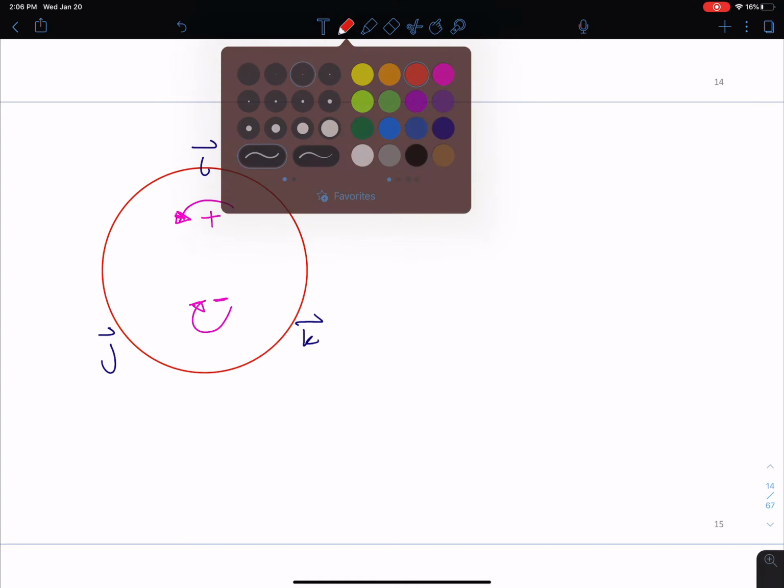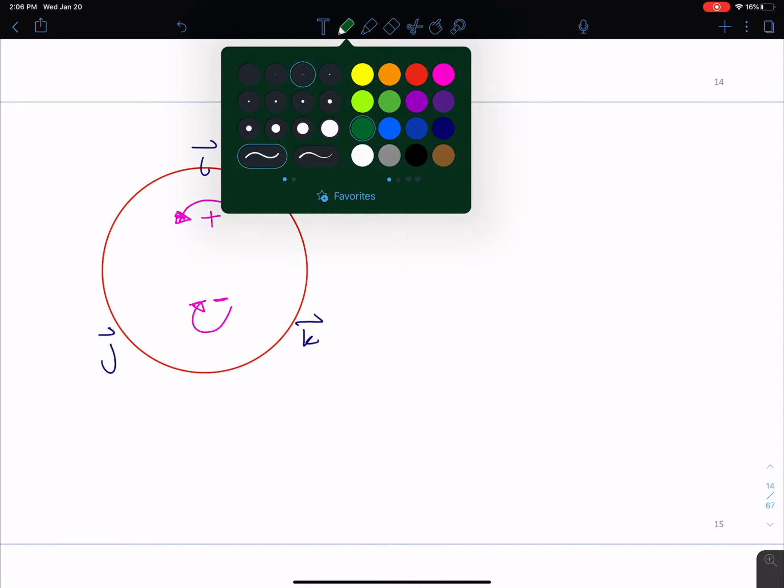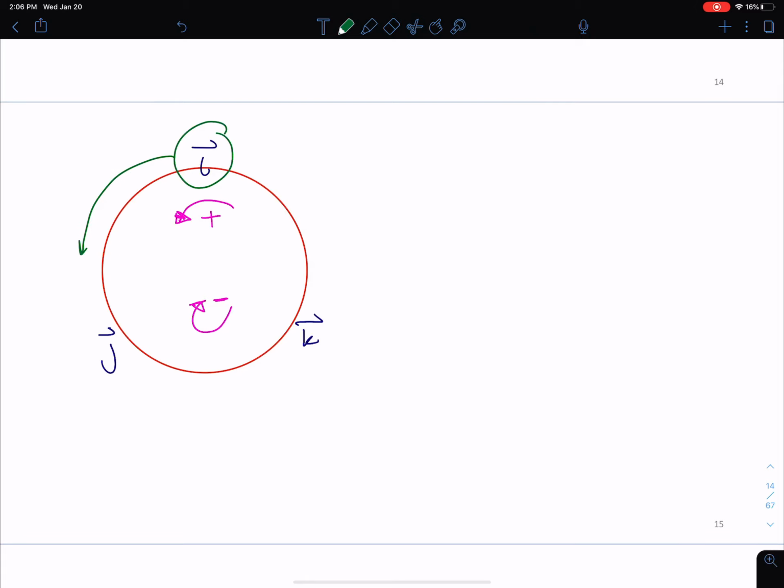So, for example, let me use a different color here. If I'm crossing i with j, it's going to be positive k because it's counterclockwise. Let me do another one. If I'm crossing j with i, it's going to be negative because I'm going in the clockwise direction, and the one that I didn't do, right?